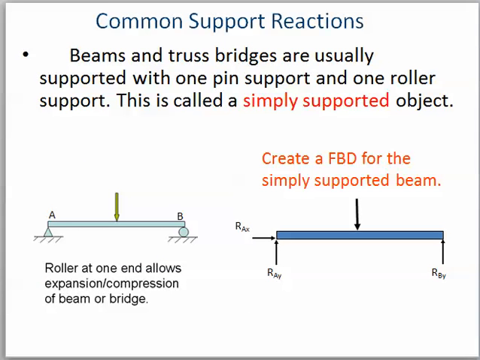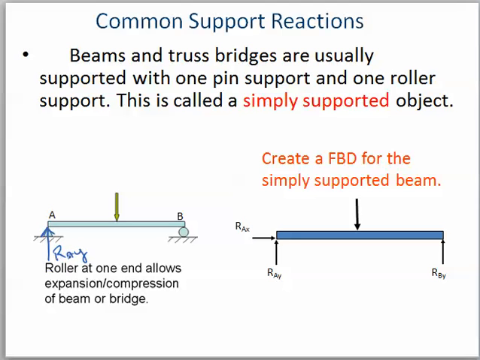Common support reactions: beams and truss bridges are usually supported with one pin support and one roller support. This is called a simply supported object. On the left-hand side, we know there's going to be a force that goes up, at point A, in the Y direction.